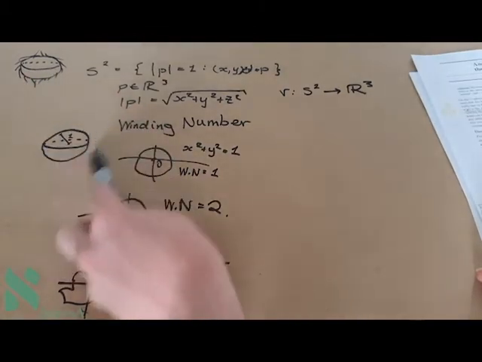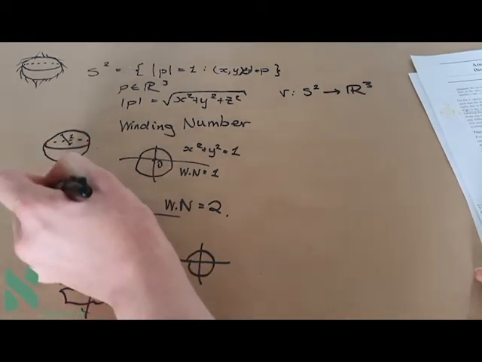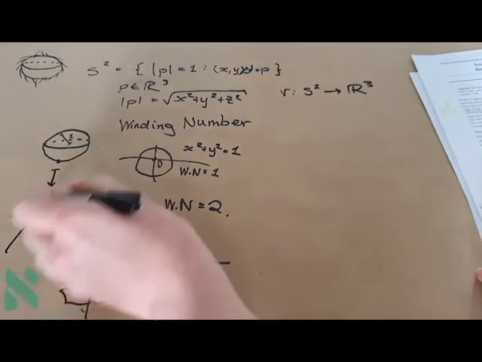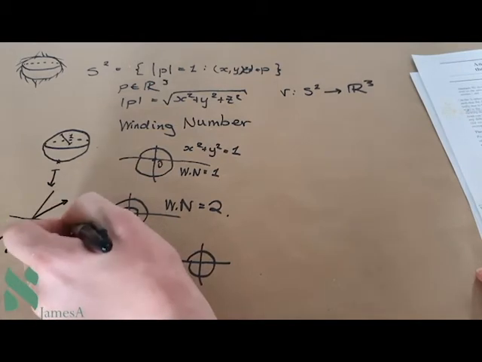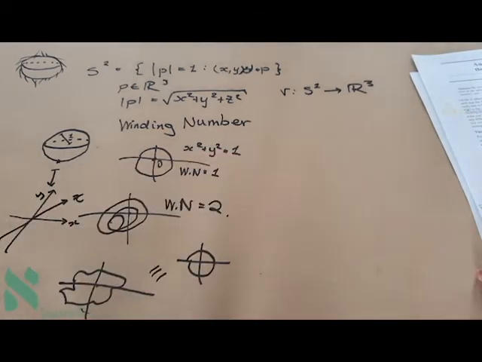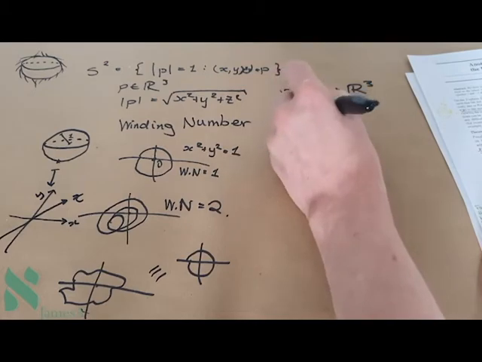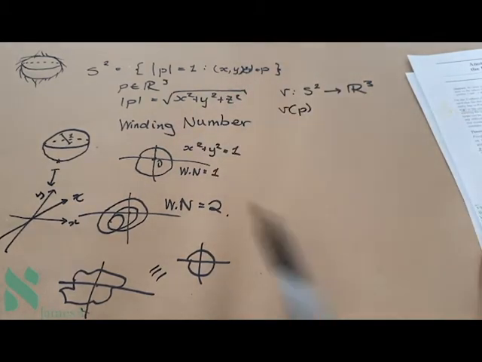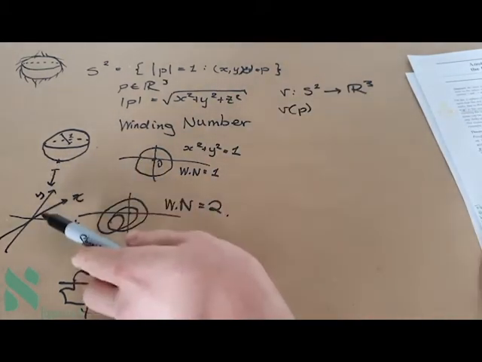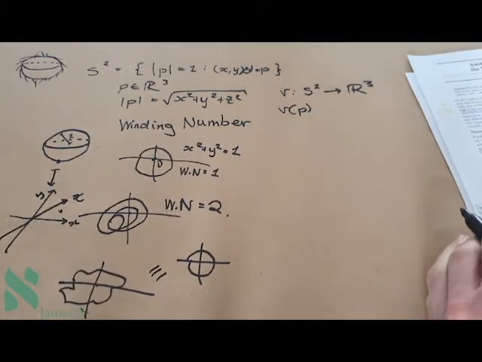Take this sphere here, we can take any point on that sphere and we will map that into Cartesian space. X, Y, Z. That's what V does. So we can take a point P, V of P, and that will be a point on our sphere, and we just map that to, say, that point there in Cartesian space.